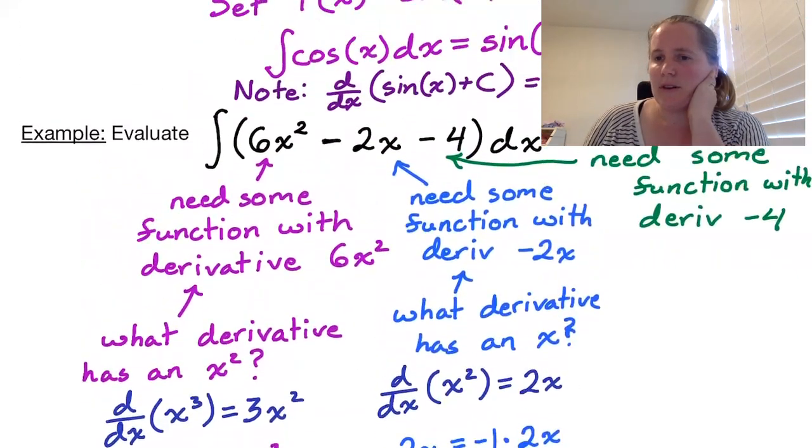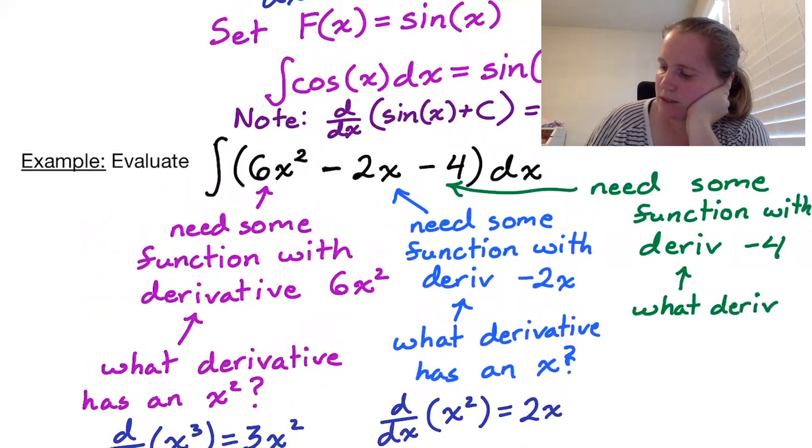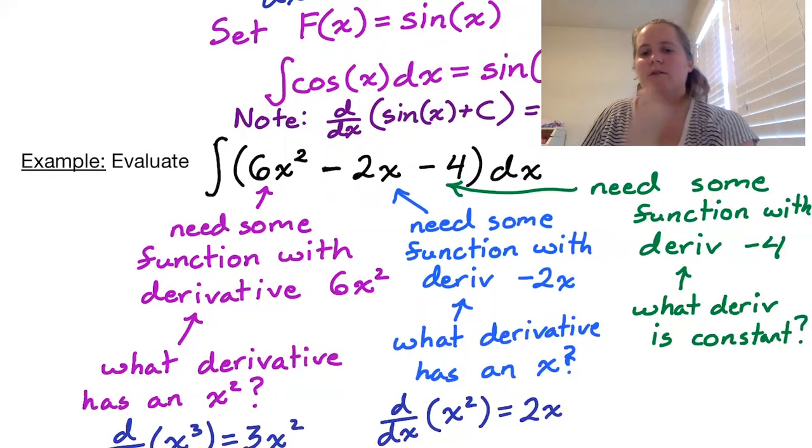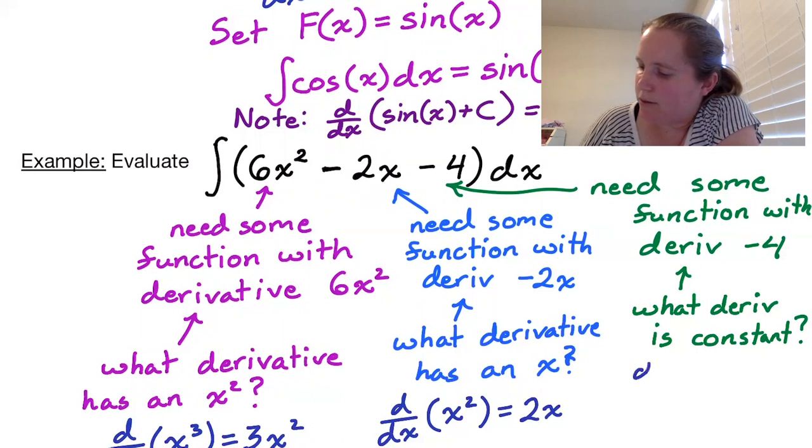And then if we look at aiming for -4, what derivative is constant? If you remember our derivative rules, the derivative of x was just 1.